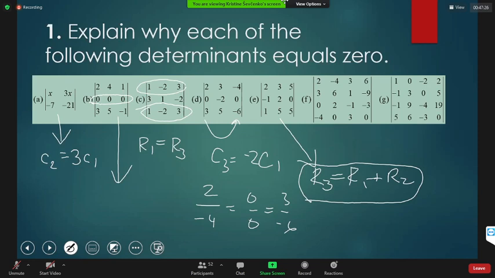So rows don't seem very similar, but if we see the second column and the fourth column, you see again we could say that column number 4 for this is actually minus 1.5 or minus 3/2 times column 2. So it's just finding the correct number, finding the correct factor.